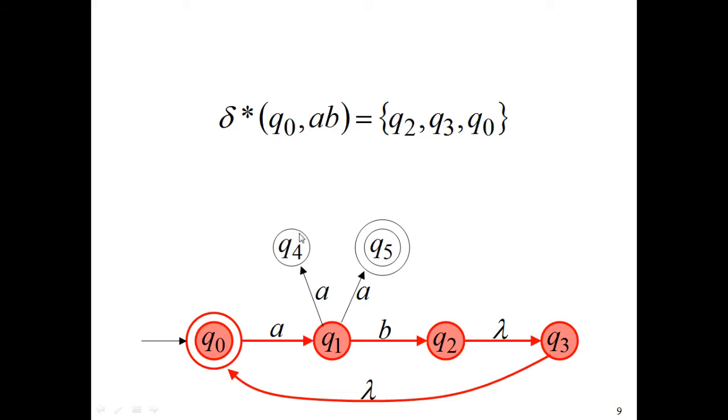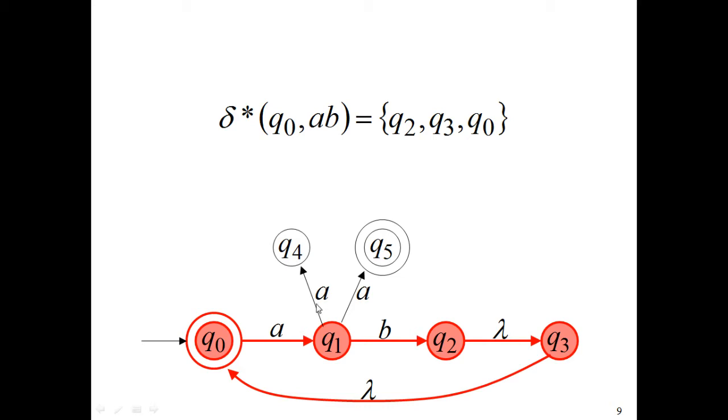In a deterministic finite automata, we only have one transition with one input alphabet. But here we have two transitions with the same alphabet. So that is Q1 A, we are reaching Q4 as well as Q5. So it is called non-deterministic. The machine cannot determine where it is going with the help of that input alphabet.